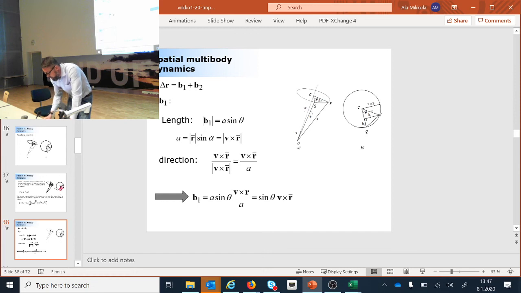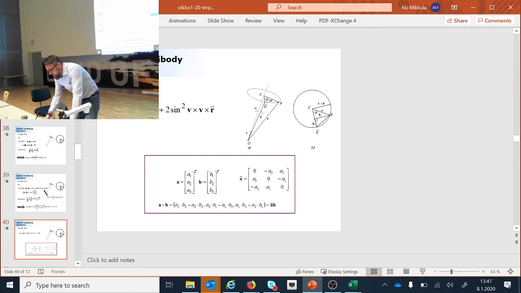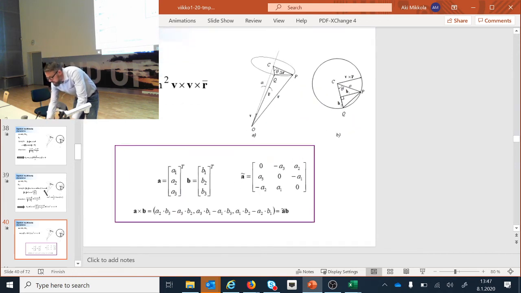So this is my B1, and I will do the same for B2: the same thing for its length, and then its orientation, direction, and once I get it, then everything looks like this. And this is my final relation, how this is delta R. And now this magical thing that I mentioned earlier, how is this tilde?